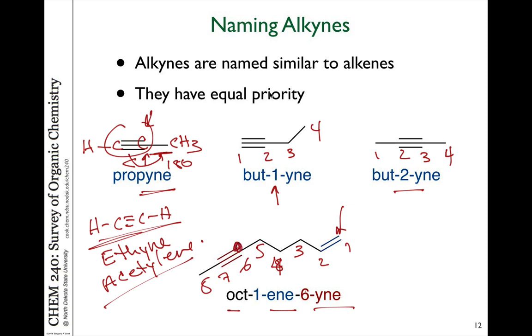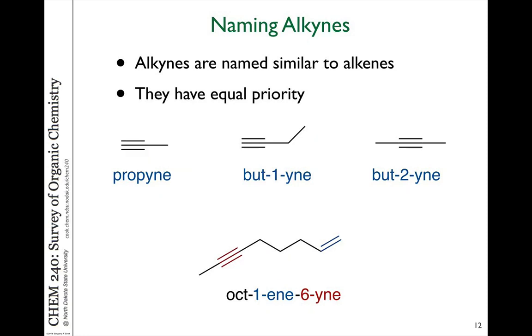So this is an oct-1-ene-6-yne, and that's how we name those molecules. In the next video, I'm going to talk about some ambiguities in our stereochemistry naming system when we use cis and trans, and talk about another naming system that we use to indicate stereochemistry of double bonds.